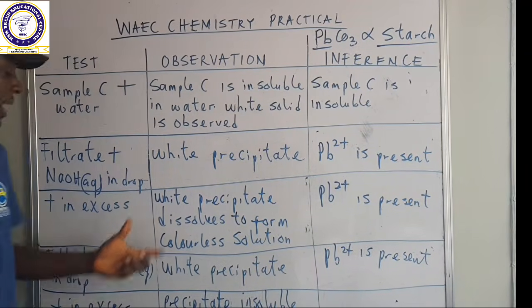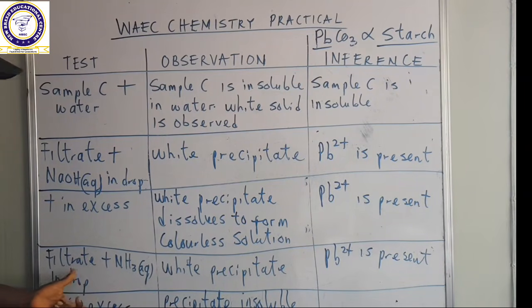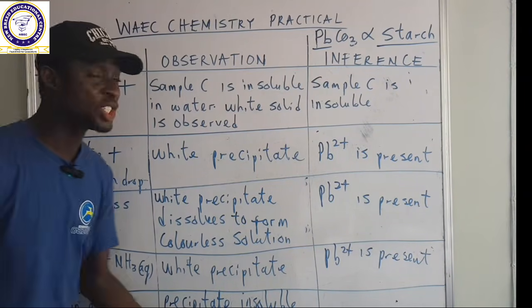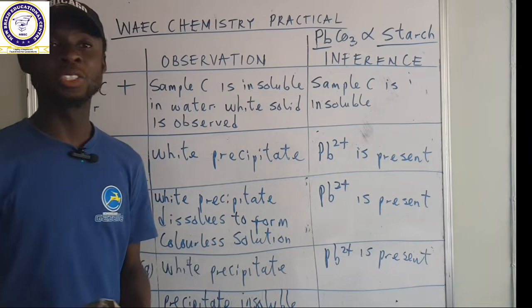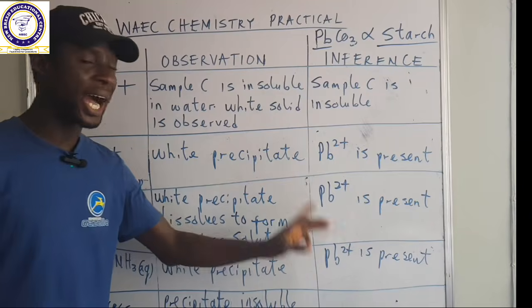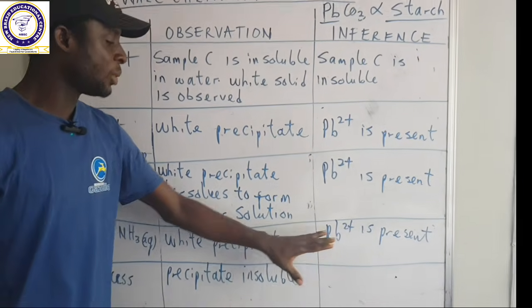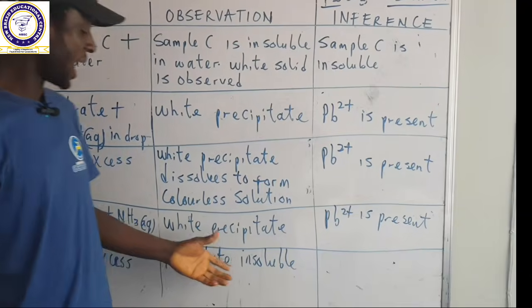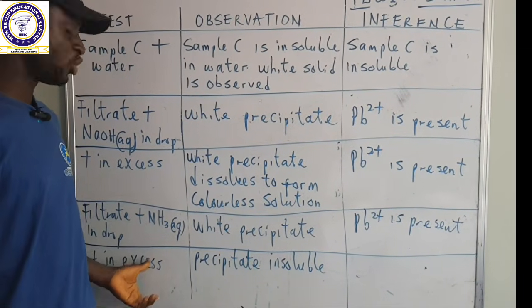Now this observation that we have for our lead when adding ammonia in drops and in excess is the same observation that we always have for lead ion and aluminium ion. Aluminium ion and lead ion always have this observation when you are adding ammonia in drops and in excess.